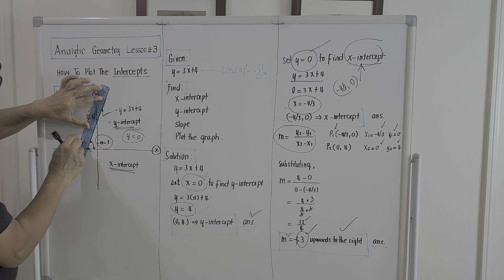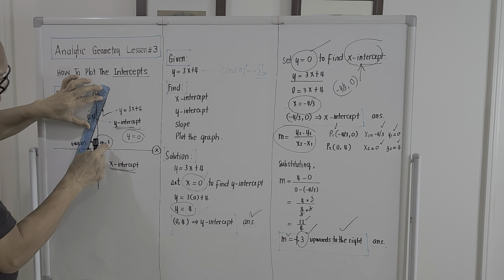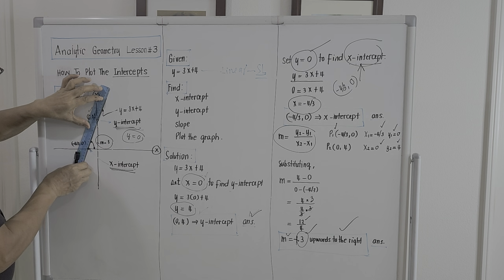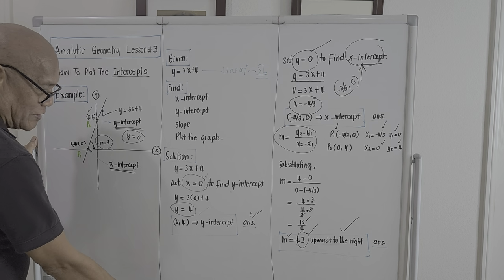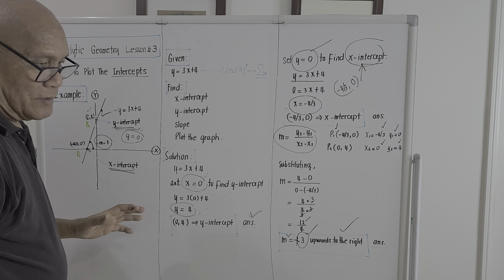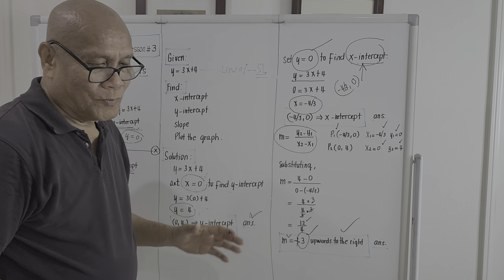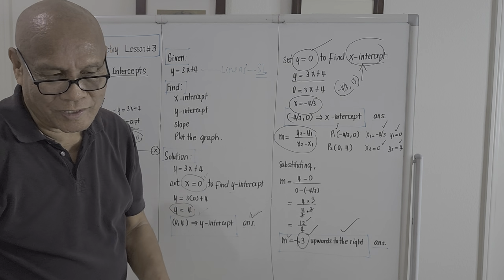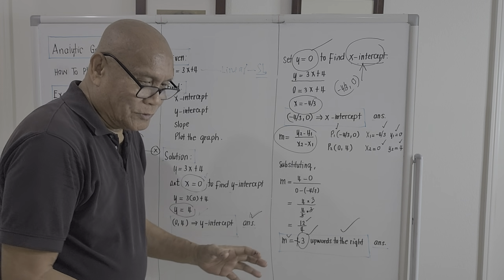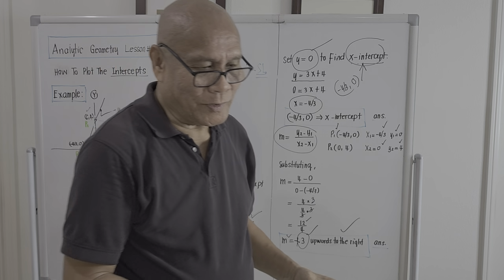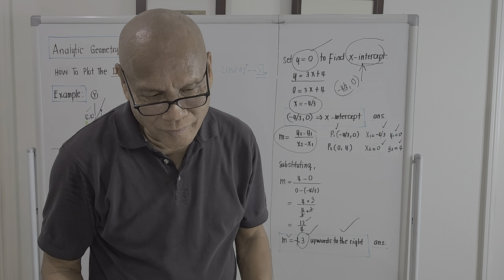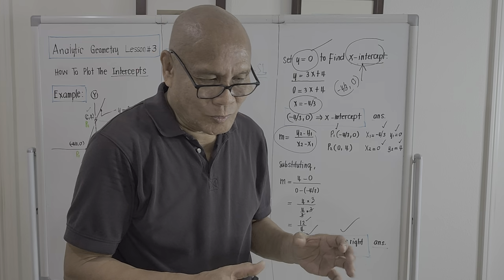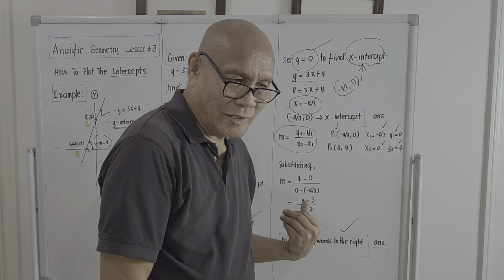And the slope of this one, with respect to the horizontal, is m equal to 3. Okay, that's it, guys. That's the way how to plot the x and y intercepts and to compute the coordinates of the x and y intercepts, and how to compute for the slope as an additional thing and plot the graph.